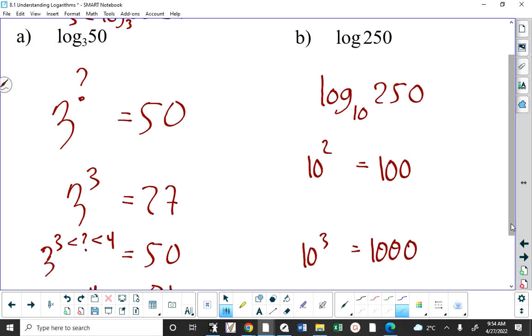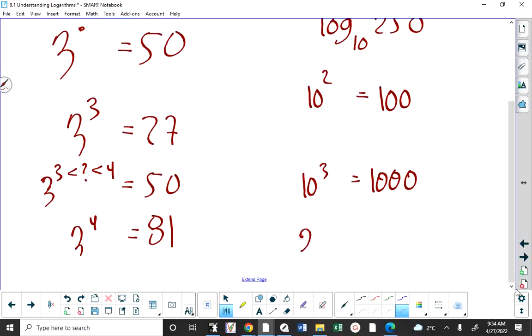So that means log base 10 of 250 has to be a number between 2 and 3, because 10 raised to that number is going to give you 250. So we can answer this question by saying 2 is less than log 250, which is less than 3.